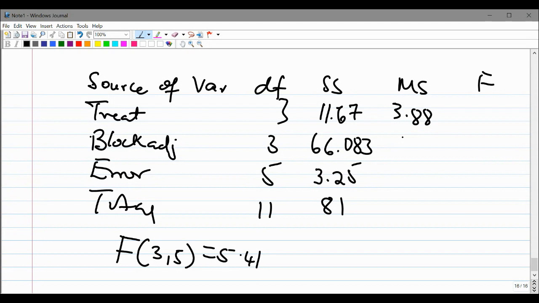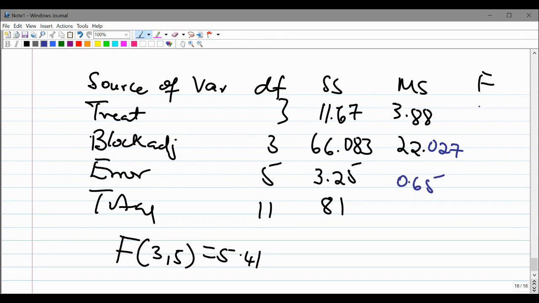And then 22.027. And then the error, 0.65.